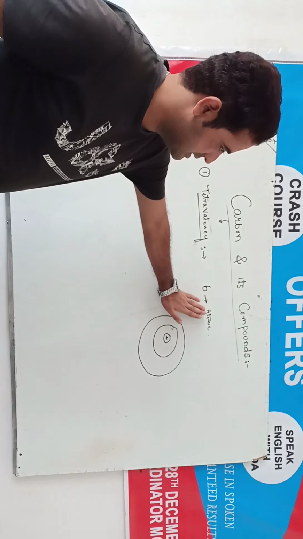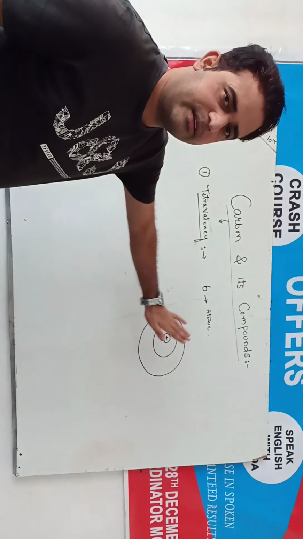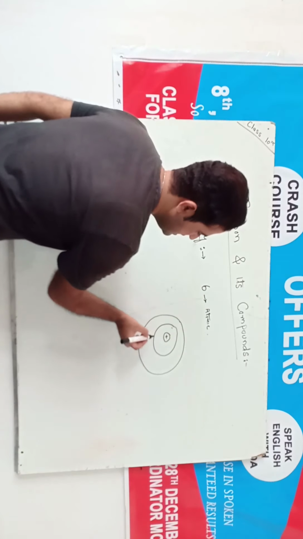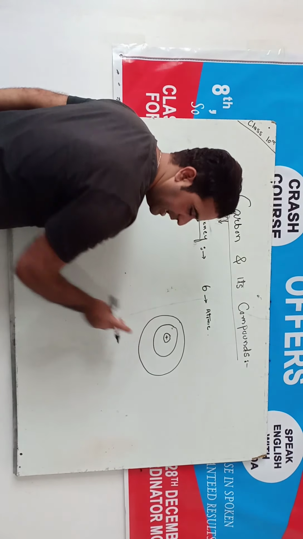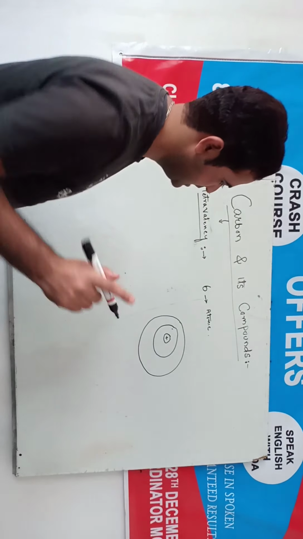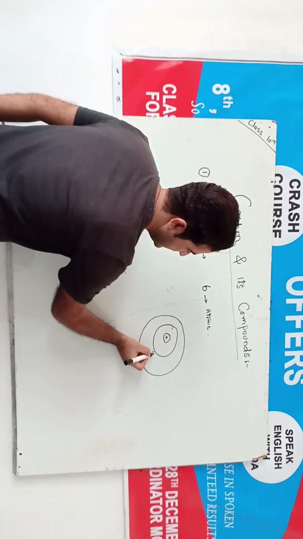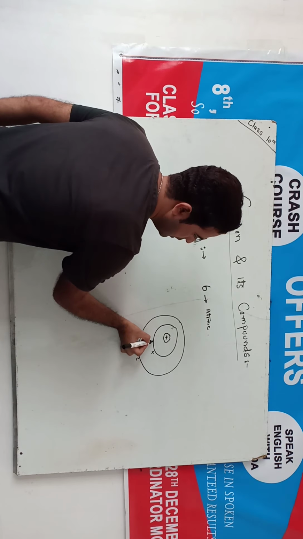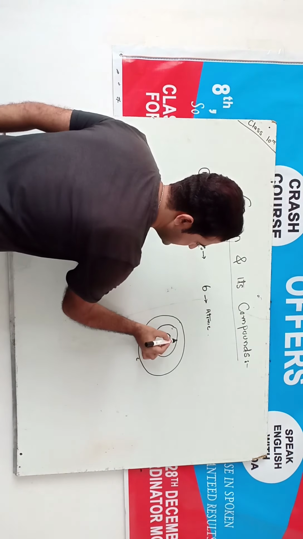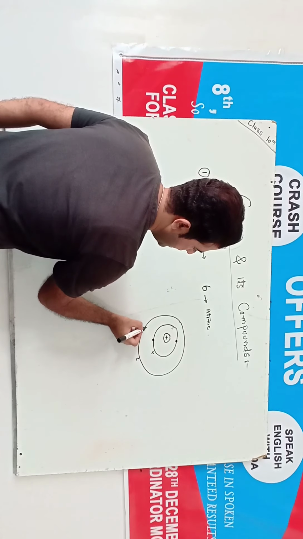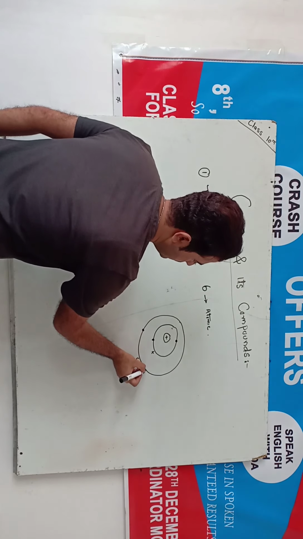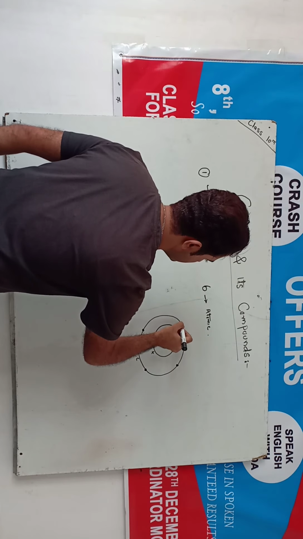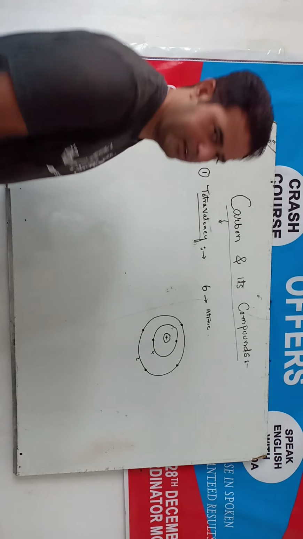Carbon has 6 electrons, and these 6 electrons are arranged in 2 different shells. This is K shell and this is L shell. There are 2 electrons in the K shell and 4 electrons in the L shell.